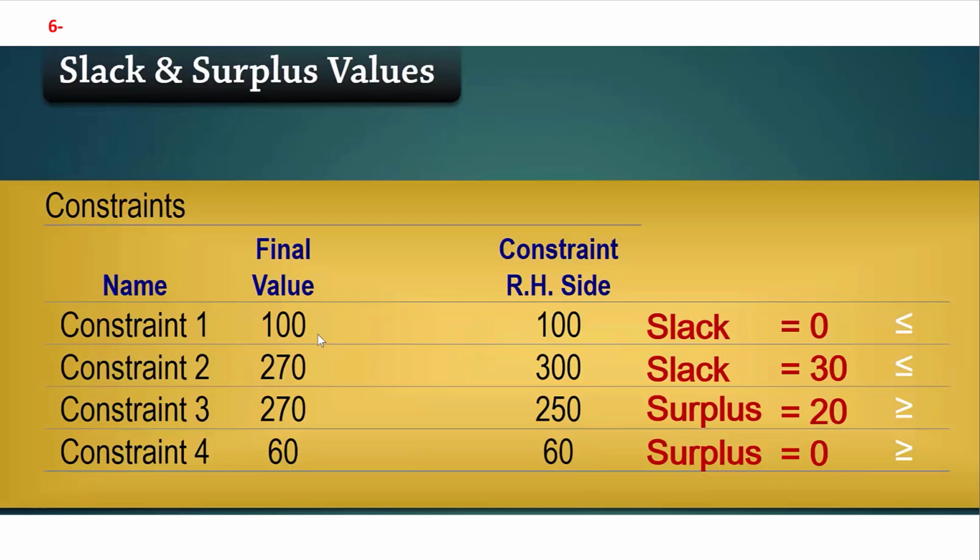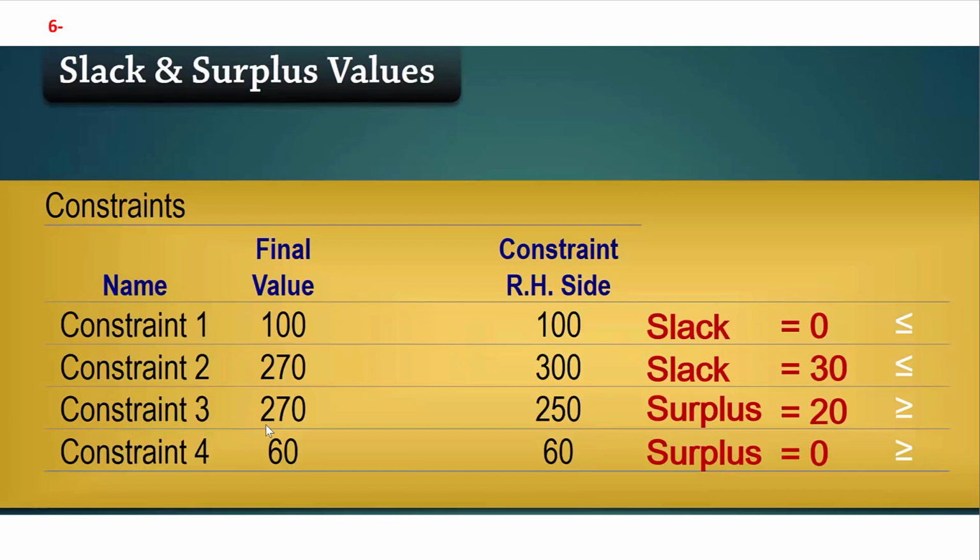Constraint 2, the final value is 270 and the right hand side is 300, so the difference represents a slack of 30.